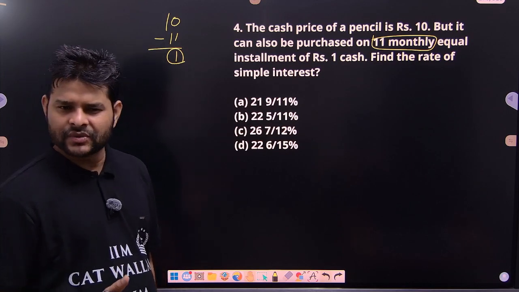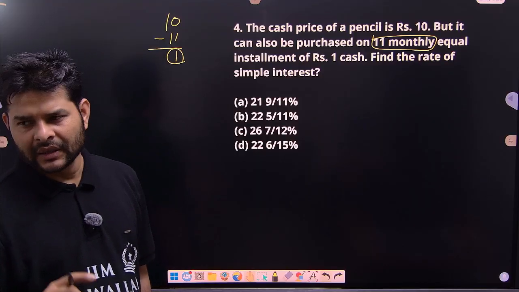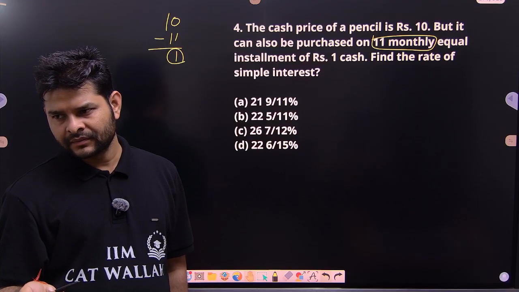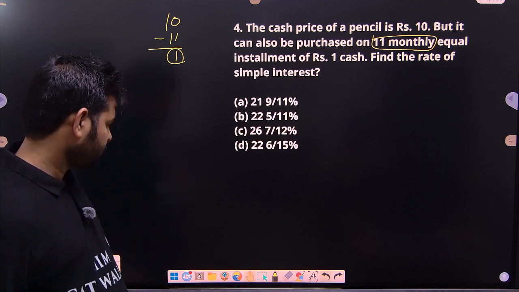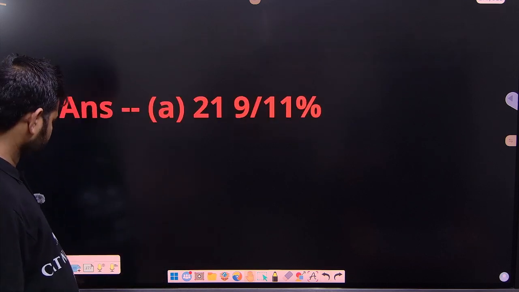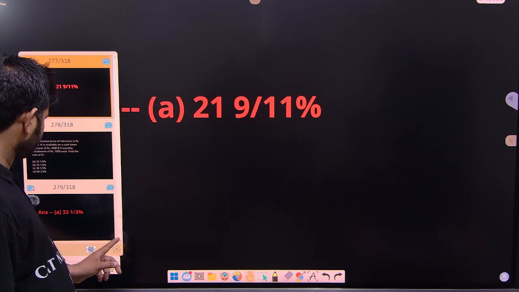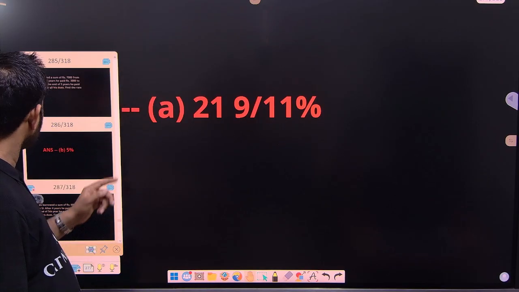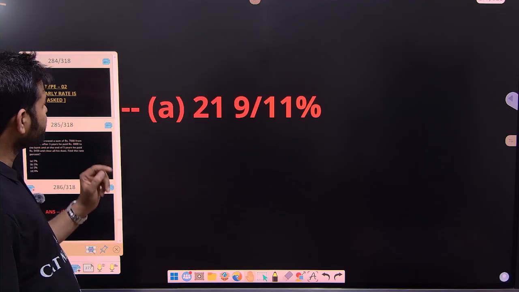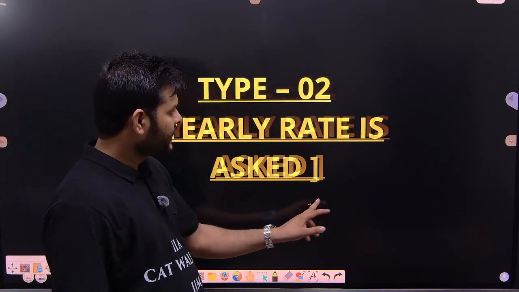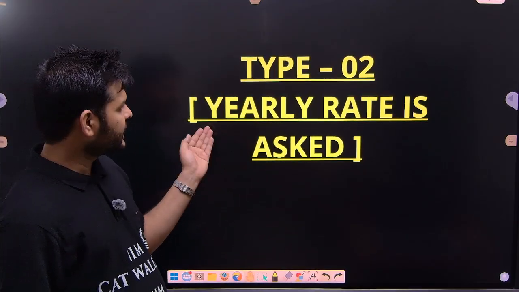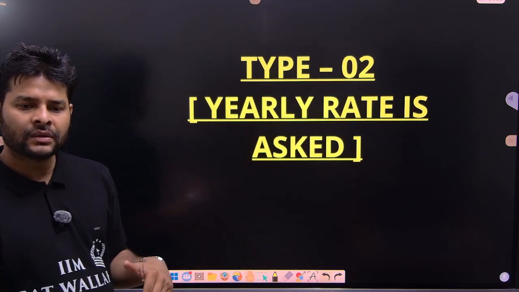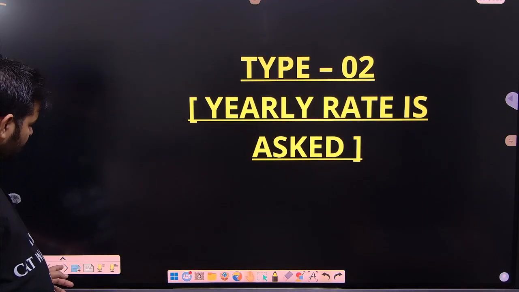If cash down payment is not given, you can directly convert the whole value into EMIs. So that is your type 2 of installment. In this type, we have been asked the yearly rate, not monthly. Take your time.